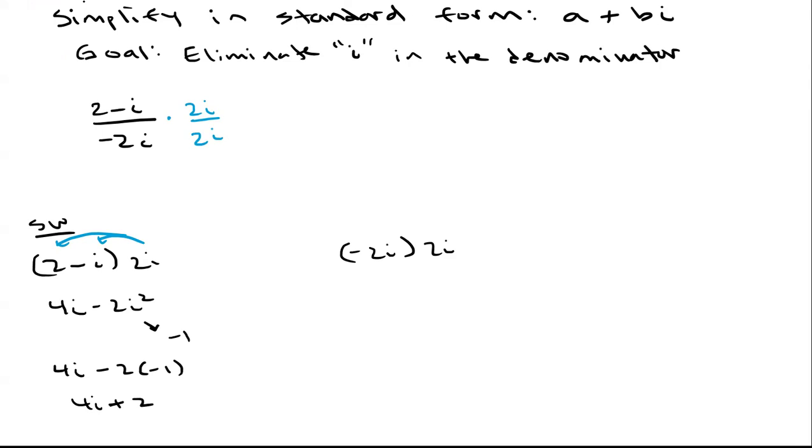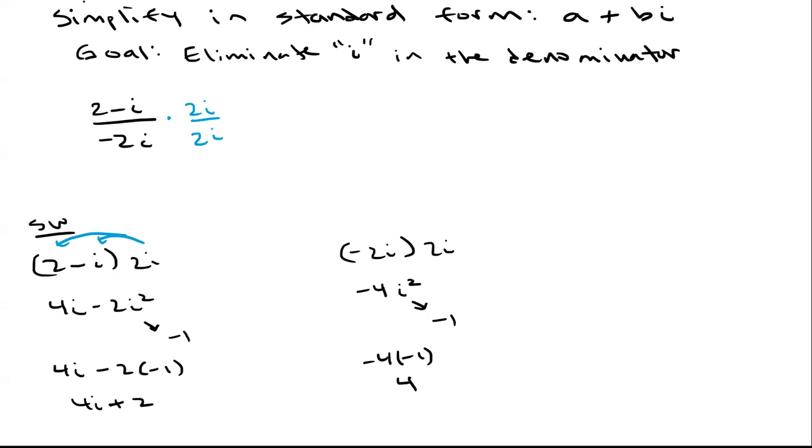Okay, so we get 4i plus 2. Here, when we multiply this, we're going to get -2 times 2, which is a -4, and then i times i, which gives us an i squared. Okay, so i squared again is -1. So -4 times -1 is going to give us a positive 4.